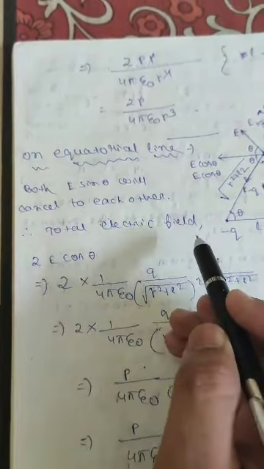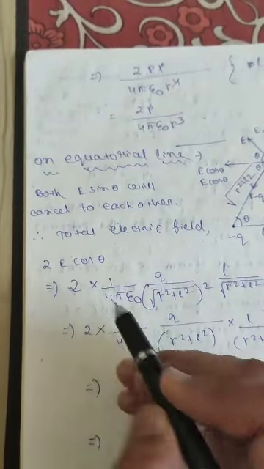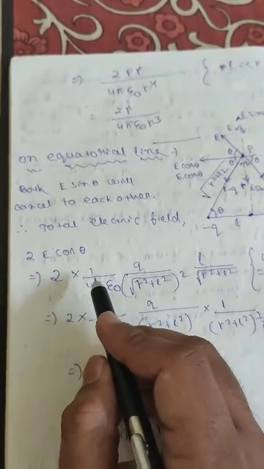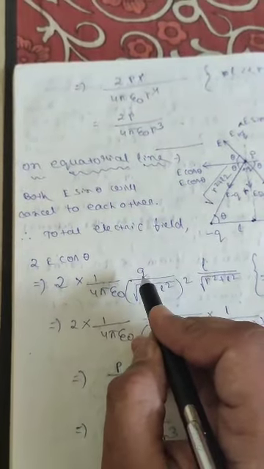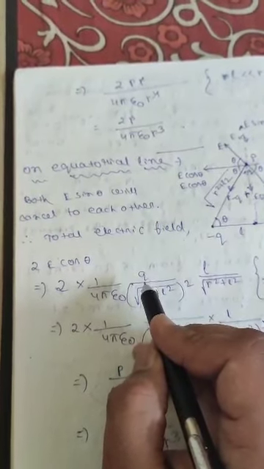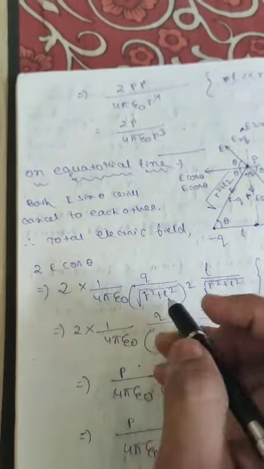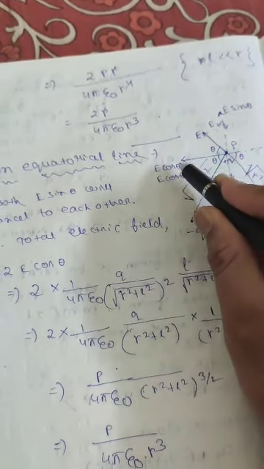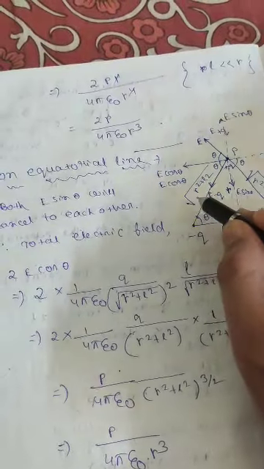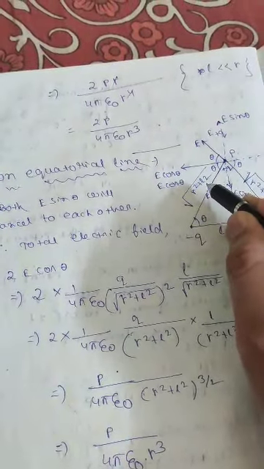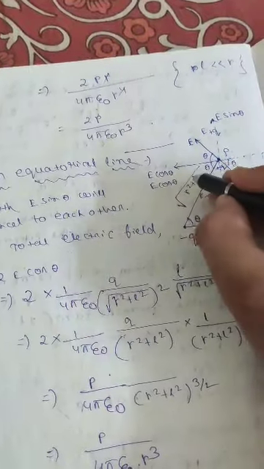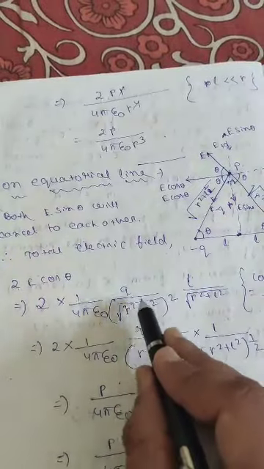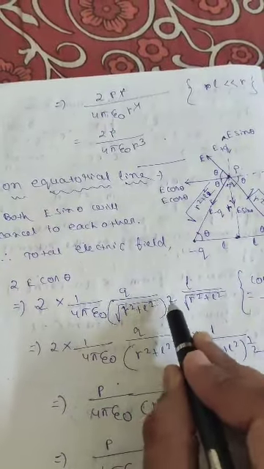Therefore the total electric field is 2E cos theta. What is your E formula? You know, 1 by 4 pi epsilon naught, Q divided by r square. But which r square do you take? This side, so r is root over of R square plus L square, whole squared.